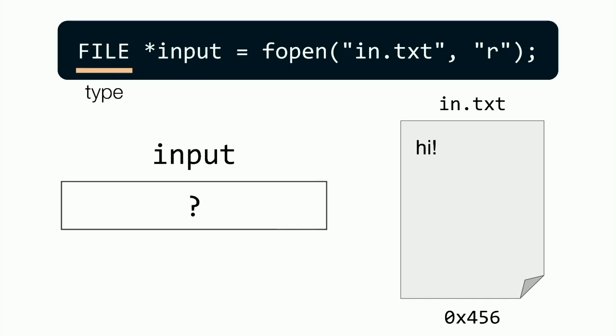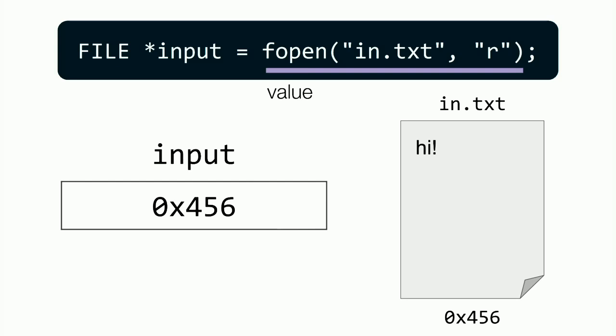FILE * is the type, so again, it's a pointer to a file. And then we're setting that equal to the return of fopen. And fopen is going to return the address of the file that you're opening up here.